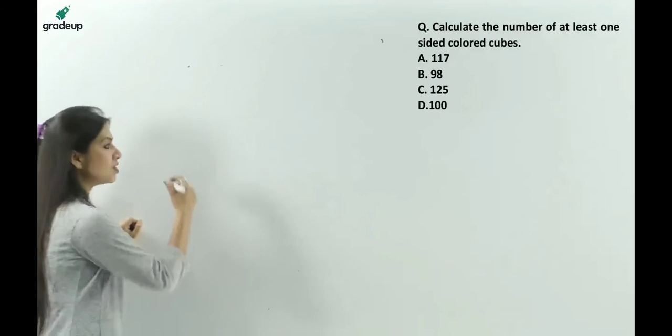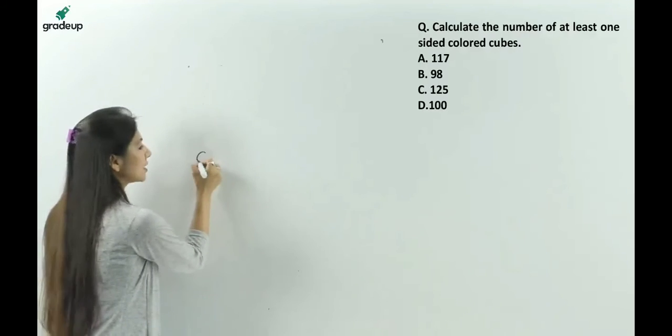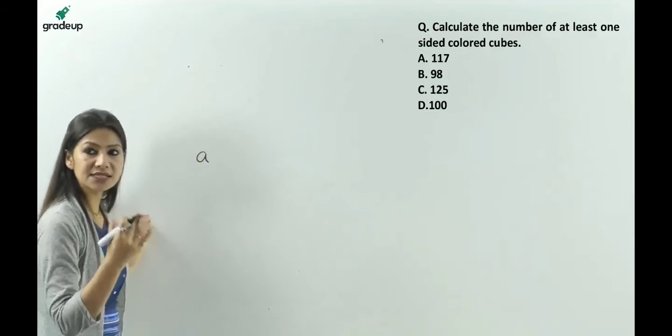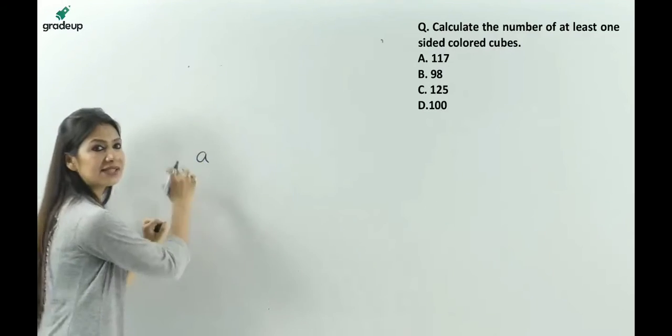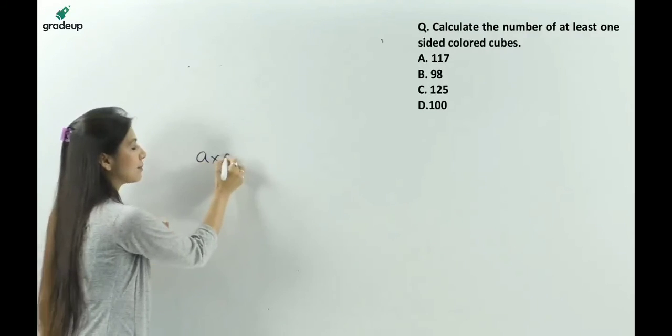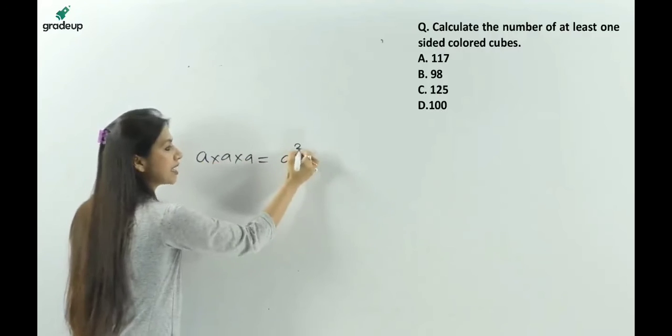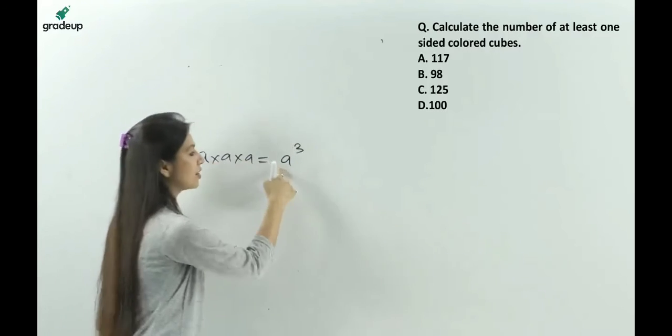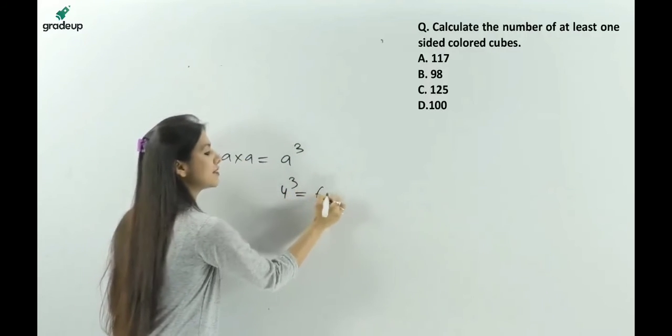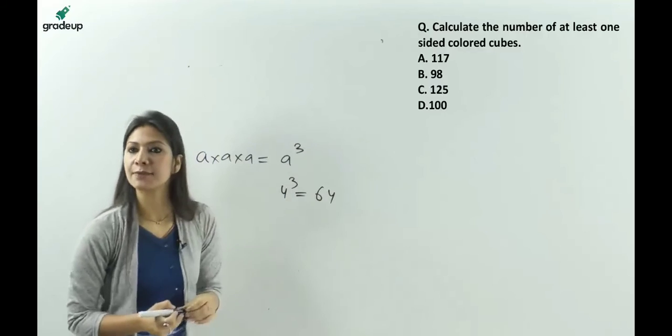So in a generalized way, I told you that A is the value, the parts actually. So A in x, A in y, and A in z. So A multiplied by A multiplied by A is denoting A cubed. In that question, the value of A was 4. So 4 cubed will definitely give you 64 as the answer.